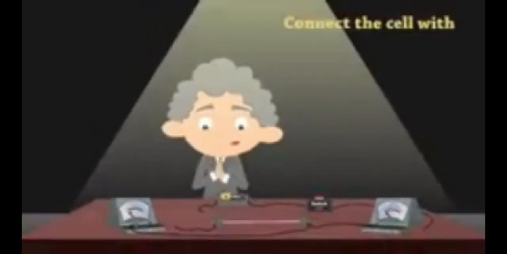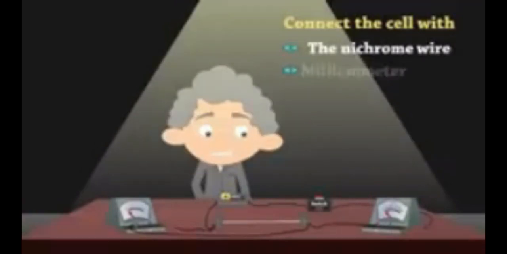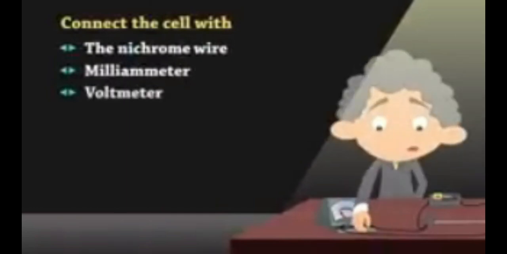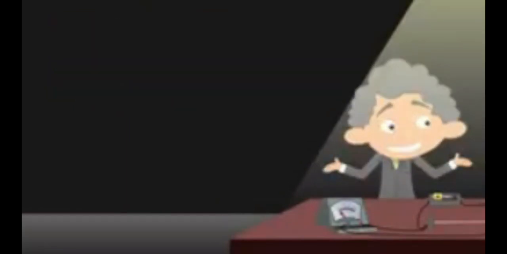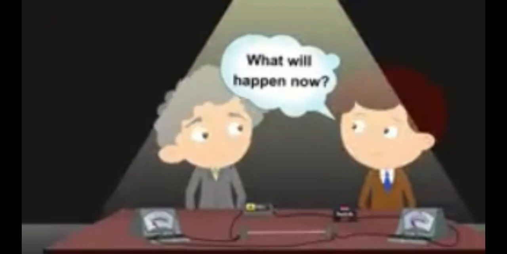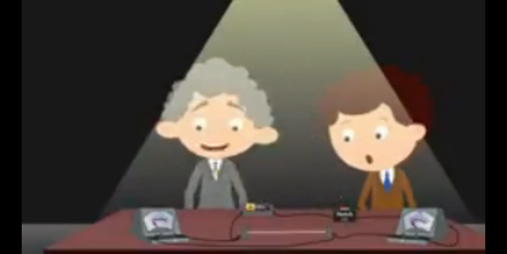Okay. For the experimental setup, we are going to connect the cell with number 1 nichrome wire, number 2 milliammeter, and number 3 voltmeter. What will we observe? Keep watching. On pressing the switch, a current starts flowing in the whole circuit, including the conductor, that is the nichrome wire. This current is shown by the milliammeter.